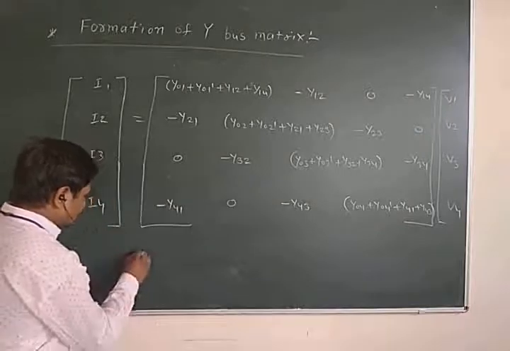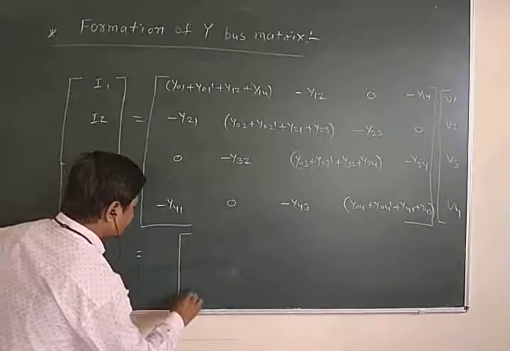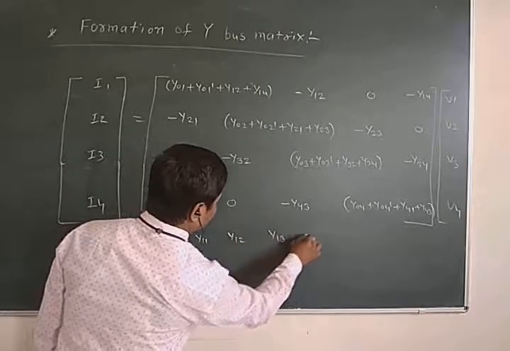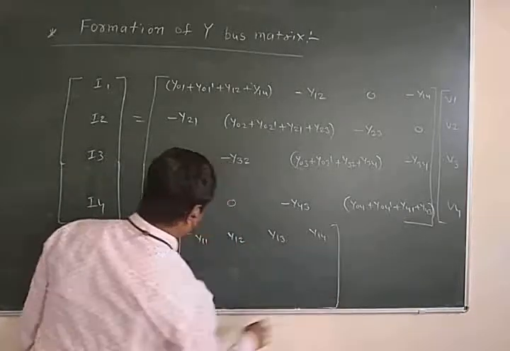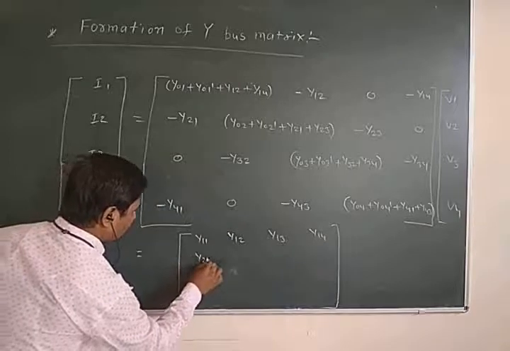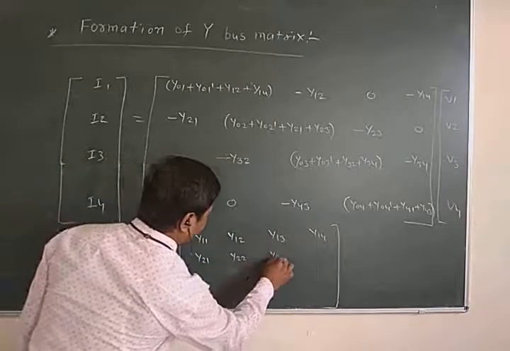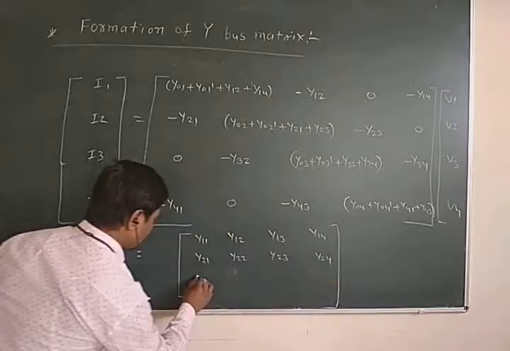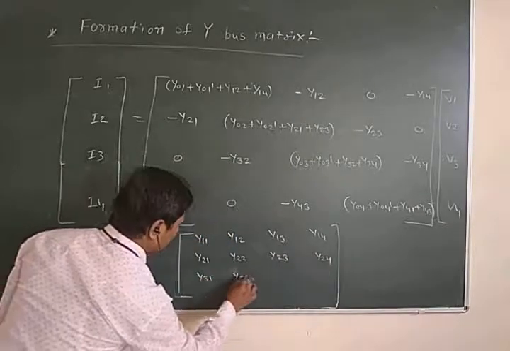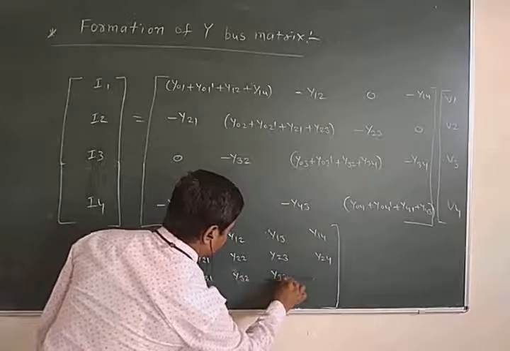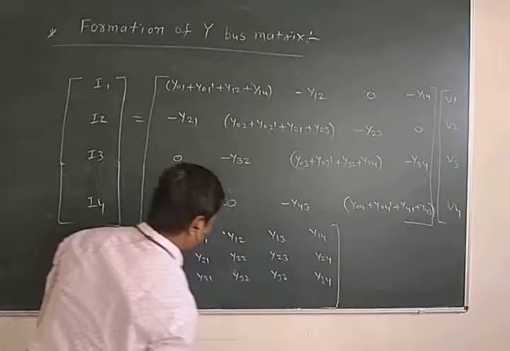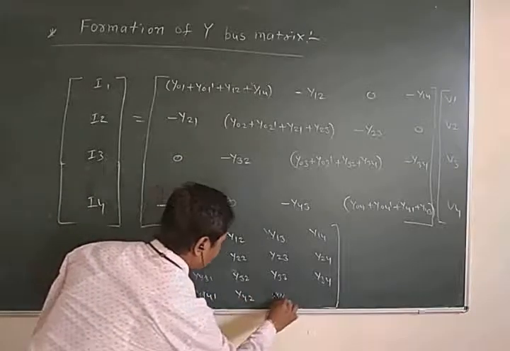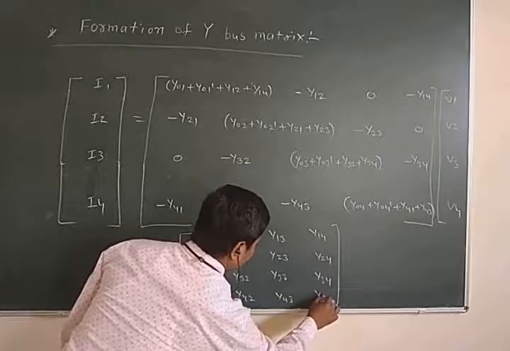This simplified matrix becomes y11, y12, y13, y14; y21, y22, y23 and y24; y31, y32, y33, y34; y41, y42, y43 and y44.